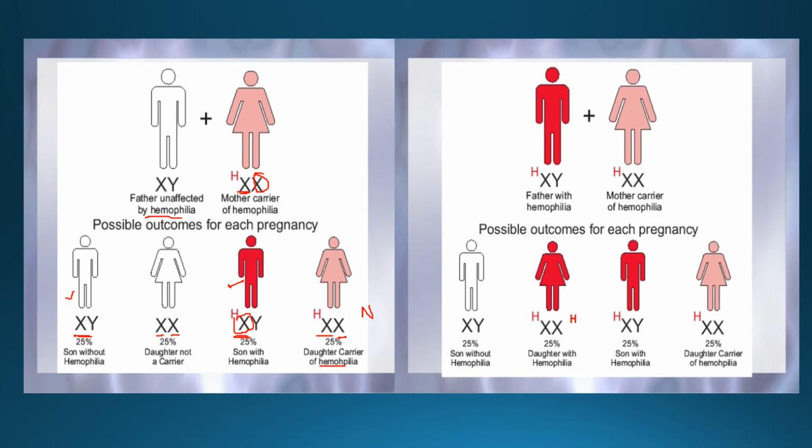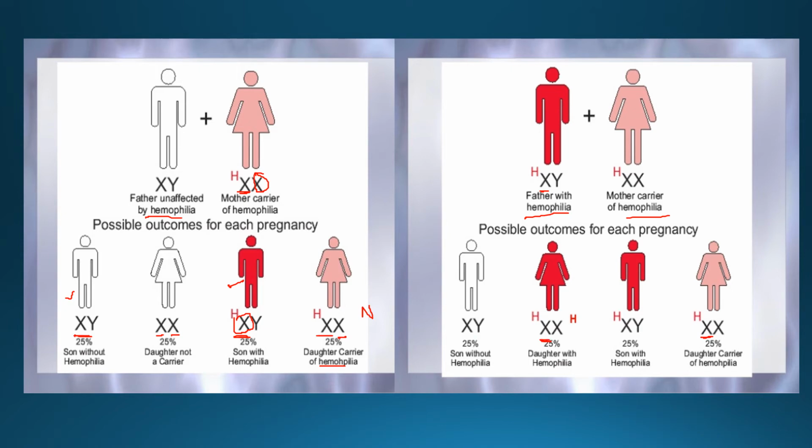Now, let's see the other case, where the father is suffering from hemophilia and the mother is a carrier. In this case, all the girls will inherit this mutant one from the father, because males have only one X chromosome.